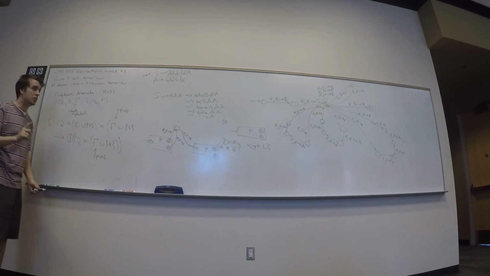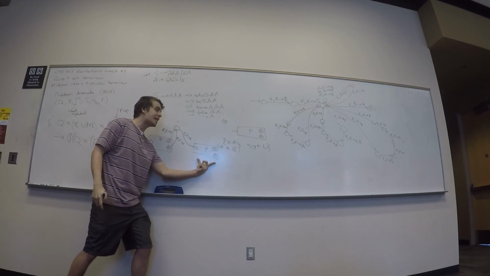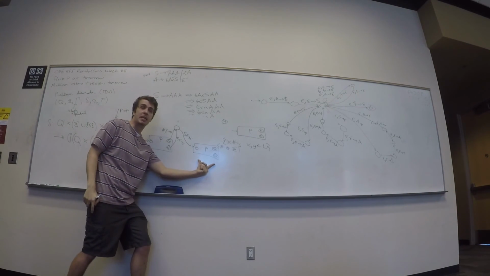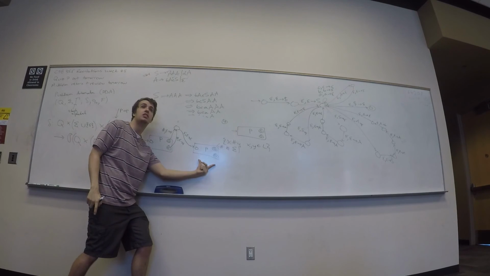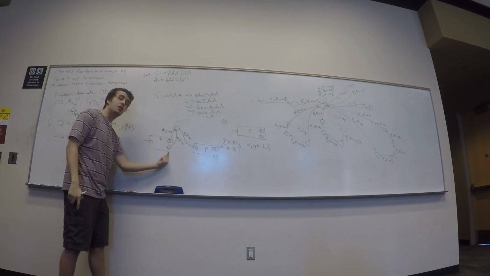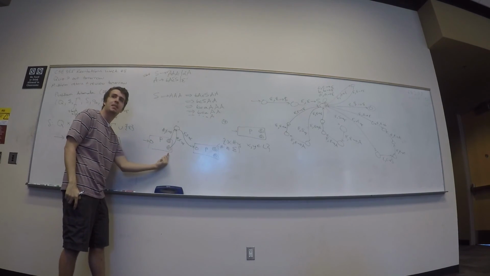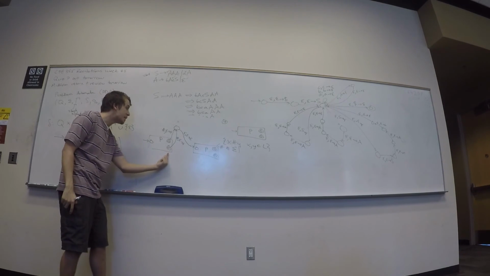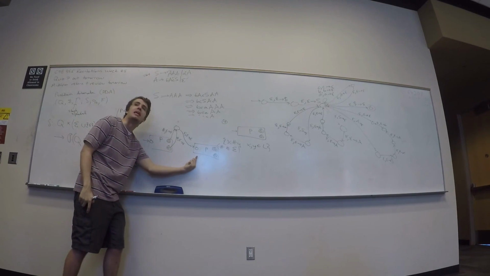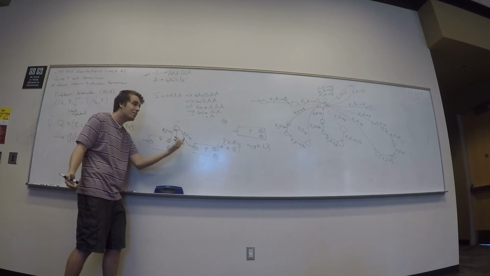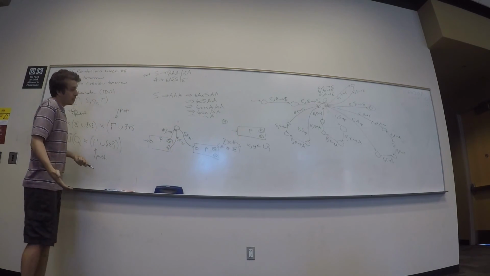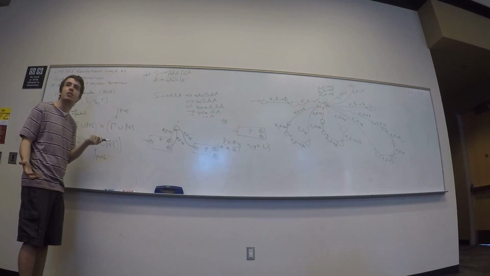Well, let's think about it for a second. What is this PDA expecting for its stack to be at the start? To be empty. Do I have to have an empty stack when I accept? If it's not empty here, will it be non-empty when I get here? Yeah, it will be non-empty. So how can I handle that?